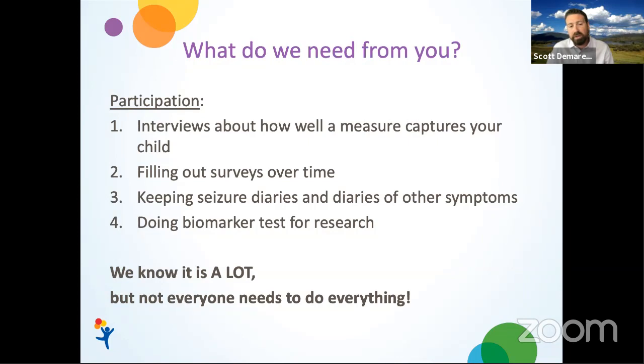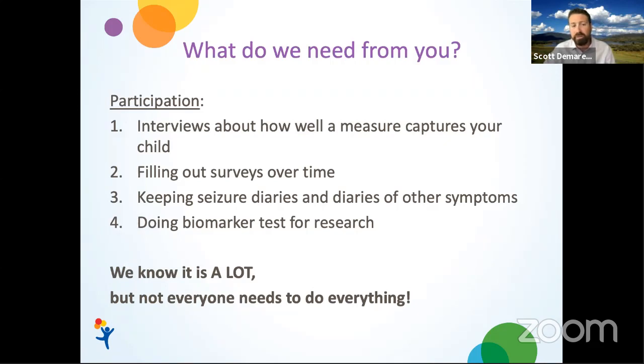I think one of the things we've tried to be very conscientious about, in addition to everything that Dan Lavery said about coordinating our data and trying to make sure that we're reducing burden on families, is that not every family has to participate in every part of this. We want to collect the minimum amount we need to be able to move to the next phase in a way that's going to actually result in success, right?